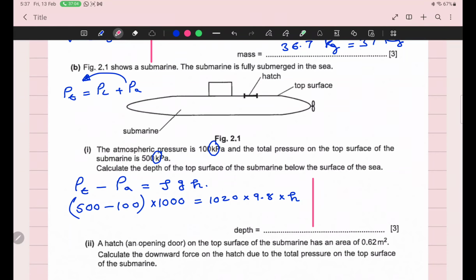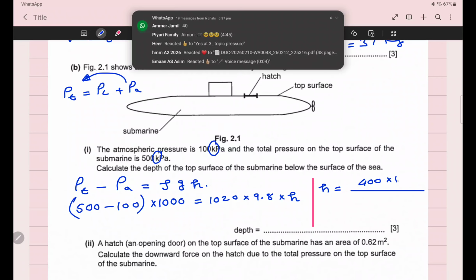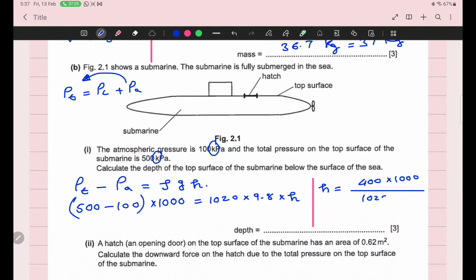So finally, depth equals 500 minus 100, it becomes 400, kilo is replaced by 1000, divided by 1020 into 9.8. And Ammar bhai told me the answer which I missed.